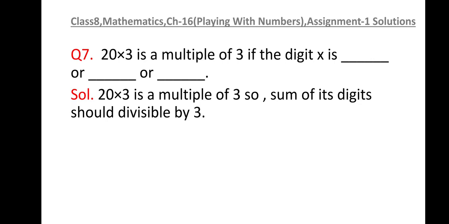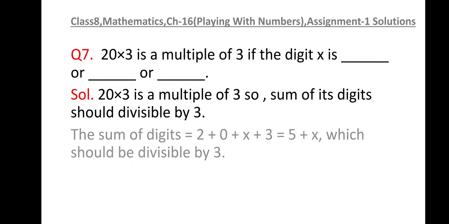So solving it, we know that if a number is a multiple of 3, then the sum of its digits should be divisible by 3. Taking the sum of the digits, it will be 2 plus 0 plus x plus 3, which is equal to 5 plus x, which should be divisible by 3.